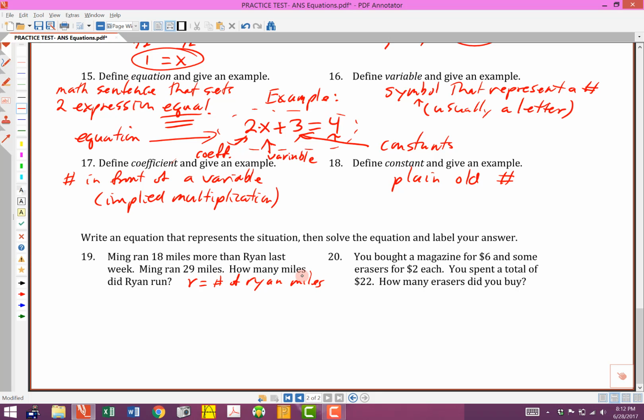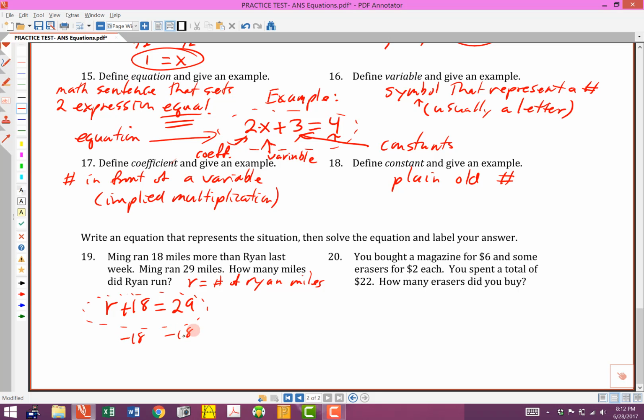Ming ran 18 more than that. So if we took how many Ryan ran and we added 18 to that, we'd get how many Ming ran, and he ran 29. Okay, so there's our variable. Here's the equation that represents what happened in the problem: R plus 18 equals 29.